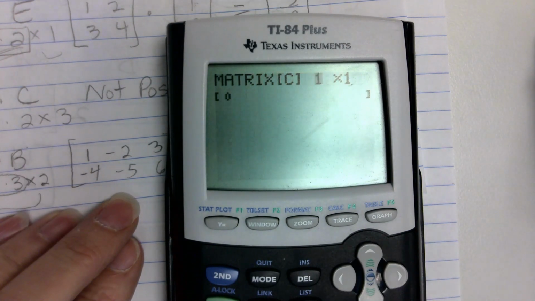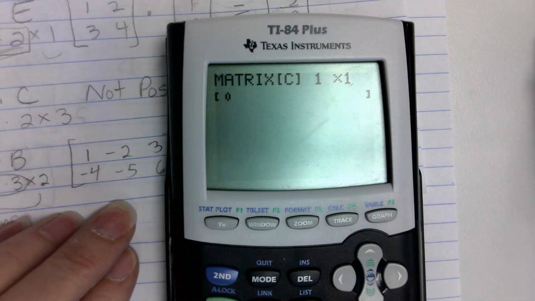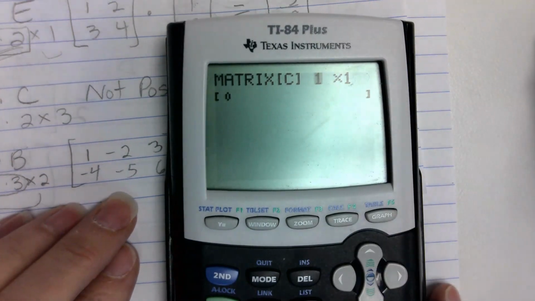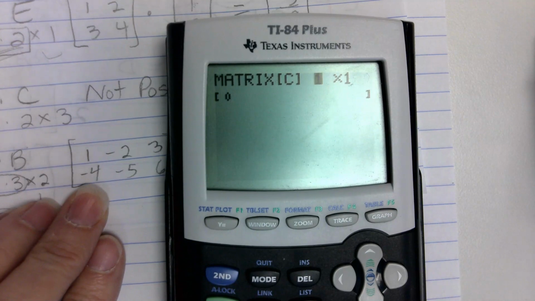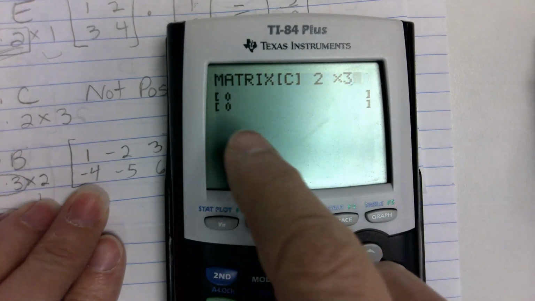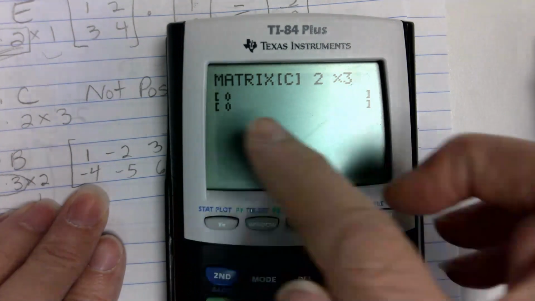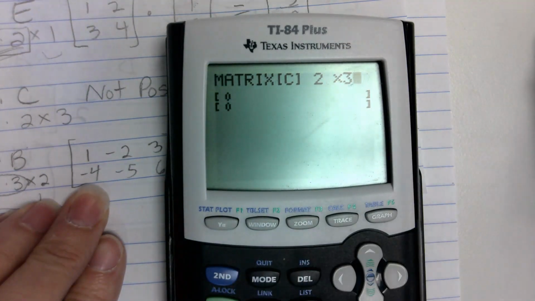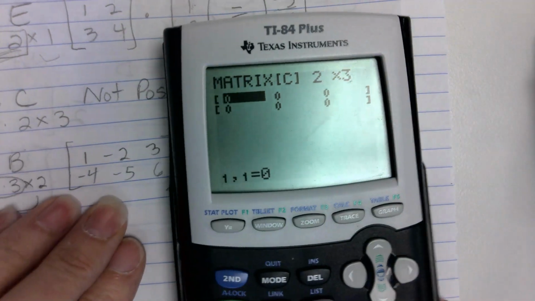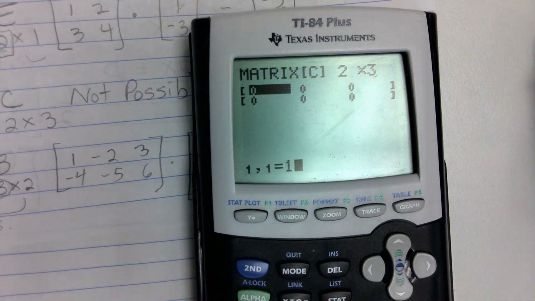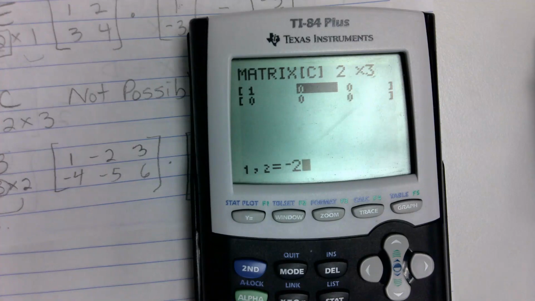Enter. The first thing you do is tell the calculator what size matrix C is. 2, arrow right, 3. It gives you all the slots to fill in. 1, negative 2, I'm just entering.